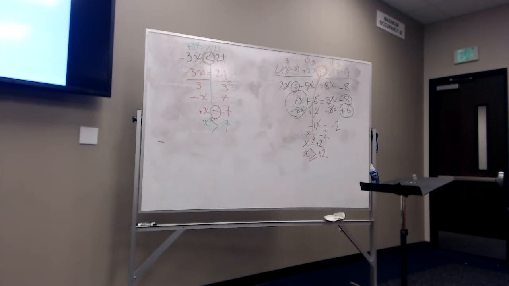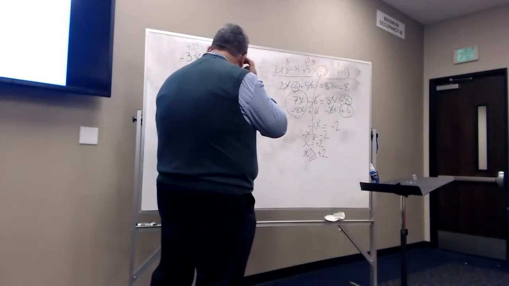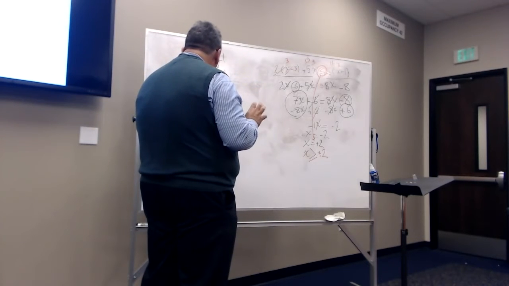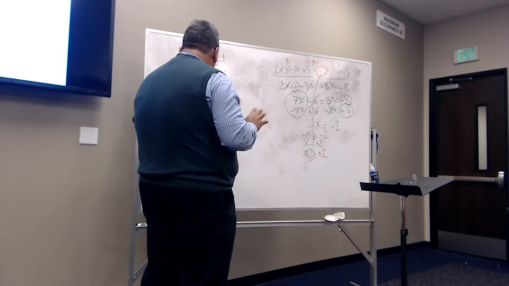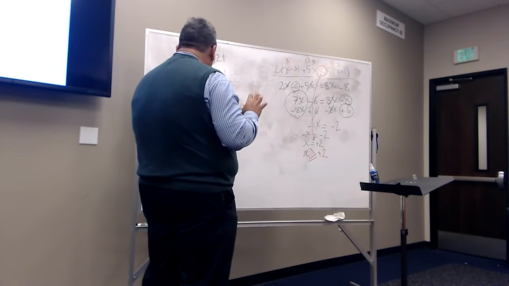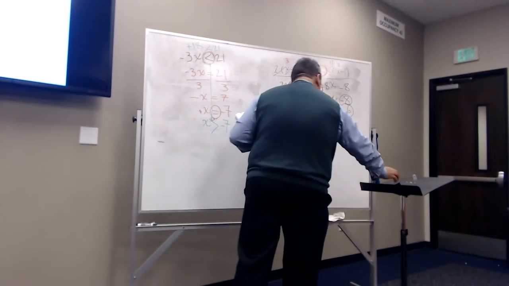Solving a 3-part inequality, example 6, page 347. This is looking for values of x greater than minus 3, less than or equal to positive 3.